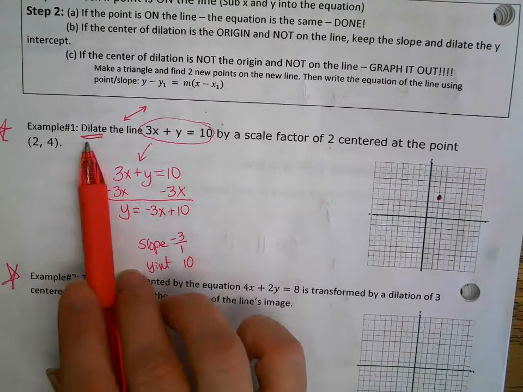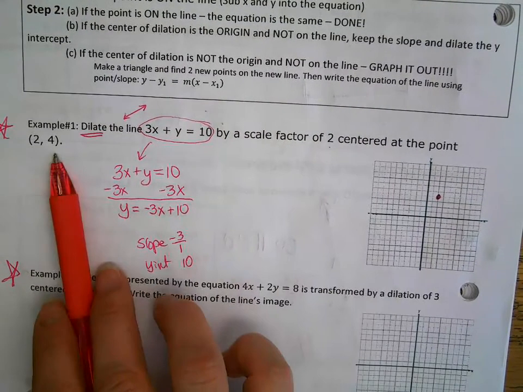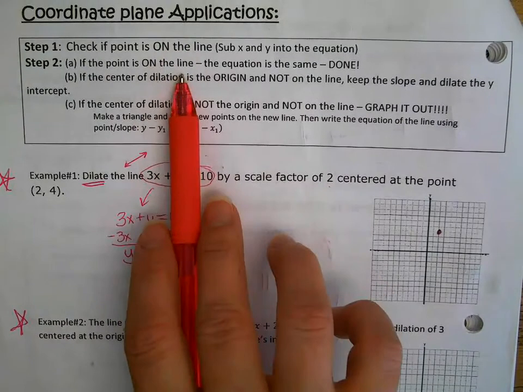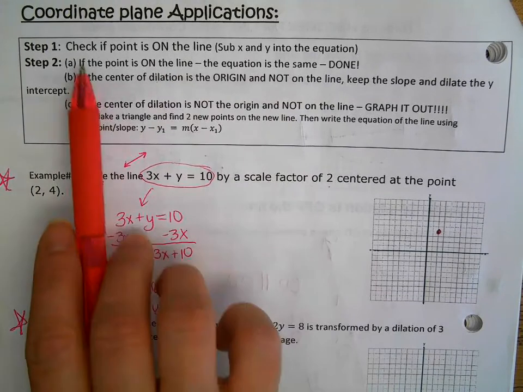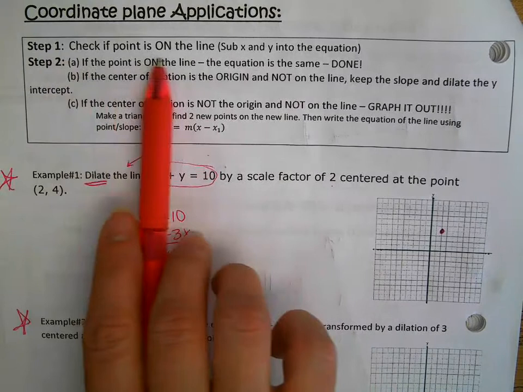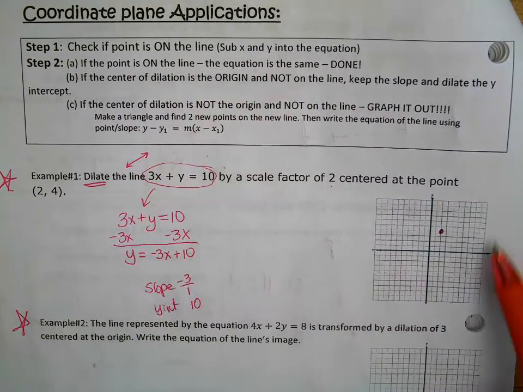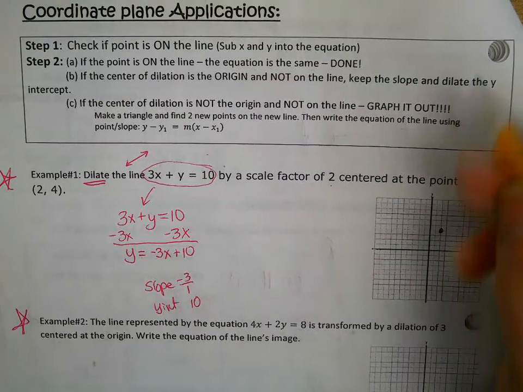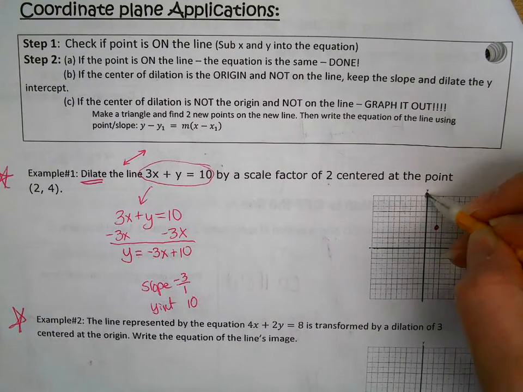Again, we're going to dilate this line by a scale factor of 2 centered at the point 2, 4. Now, there's 2 steps here that I skipped over reading for this purpose. Step 1 is to check if the point is on the line. Sub in x and y. I know a lot of you are pretty visual, so I'm going to graph this line. Now that we have y equals negative 3x plus 10, we know our y-intercept is 10, and I'll tell you it's a 10 by 10 grid.